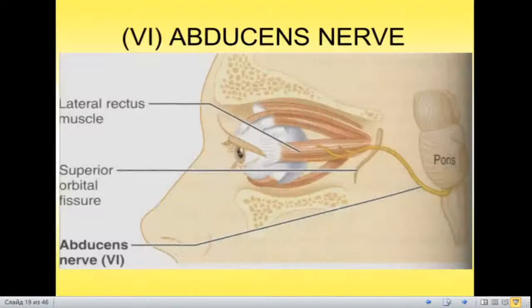Next nerve from the oculomotor group, nervus abducens. It is a motor nerve. It has one nucleus located in the pons, nucleus motorius nervi abducentis. Fibers go through the cavernous sinus, then through the superior orbital fissure it enters the orbit and supplies the lateral rectus muscle.